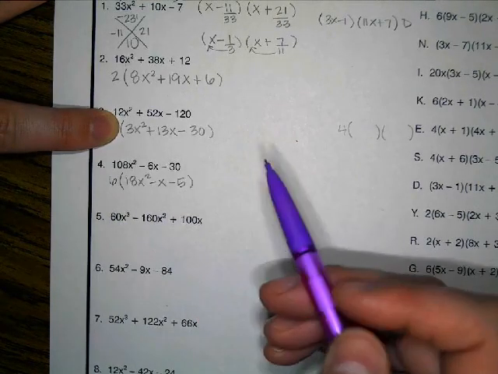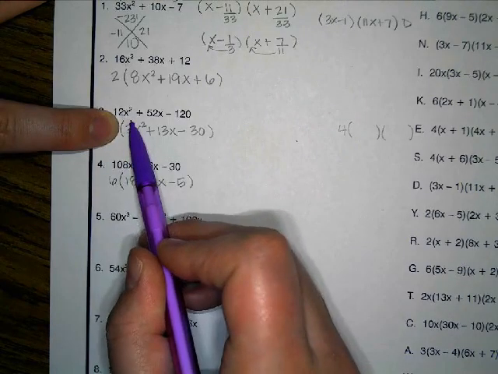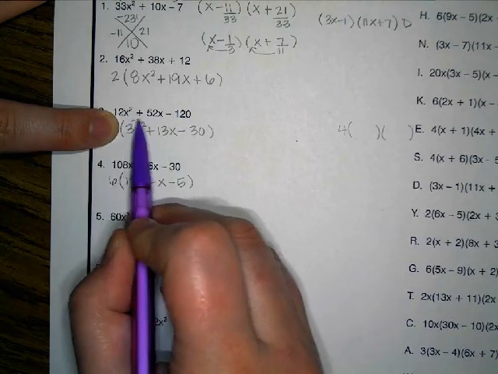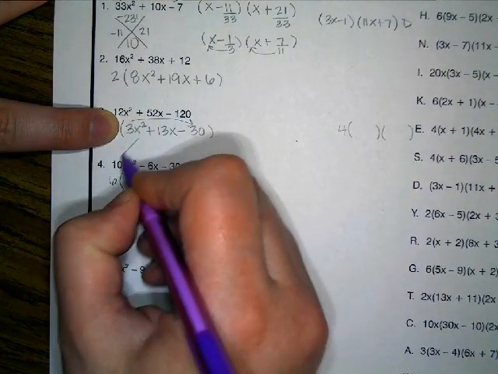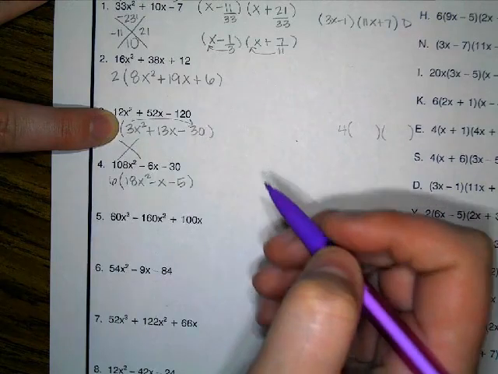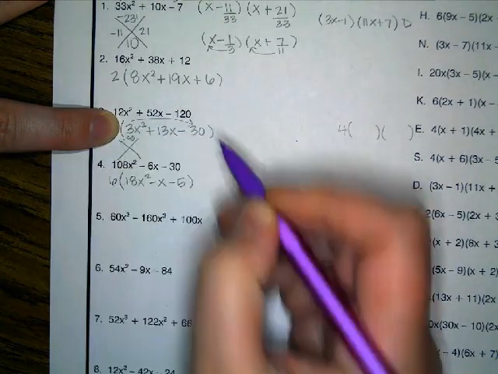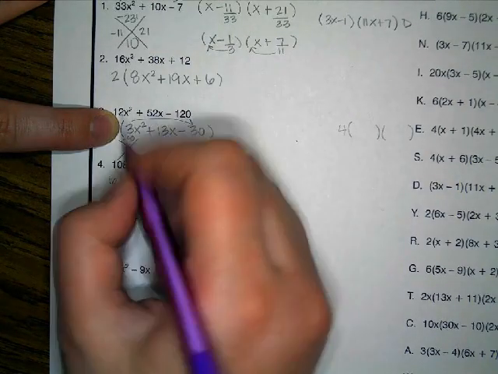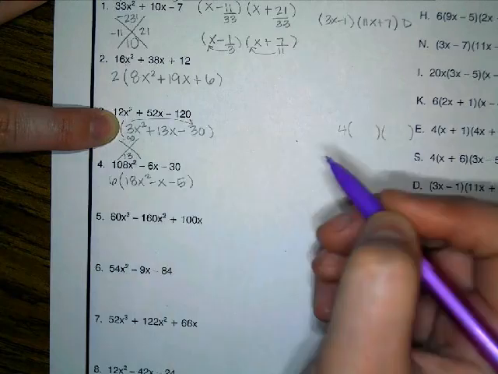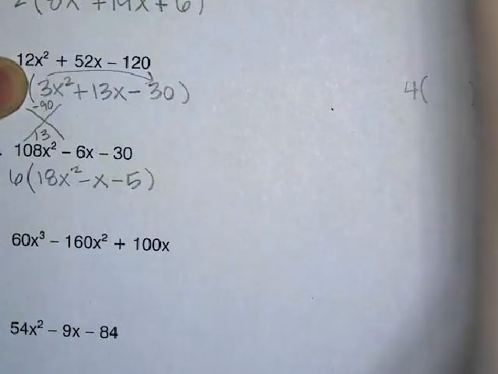We take the 3, and what do we do with it? We slide it over to the negative 30. So 3 times negative 30 is negative 90. So we're looking for 2 numbers that multiply to negative 90 but add to 13.